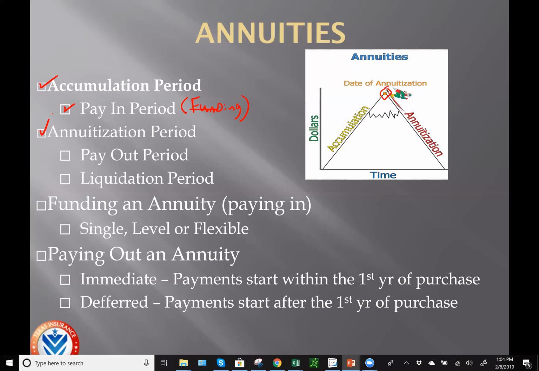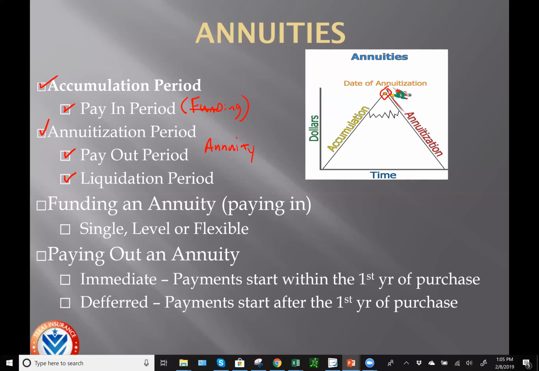Other names for it are the payout period, the liquidation period, and the annuity period. These are all different names for that one period in the annuity.